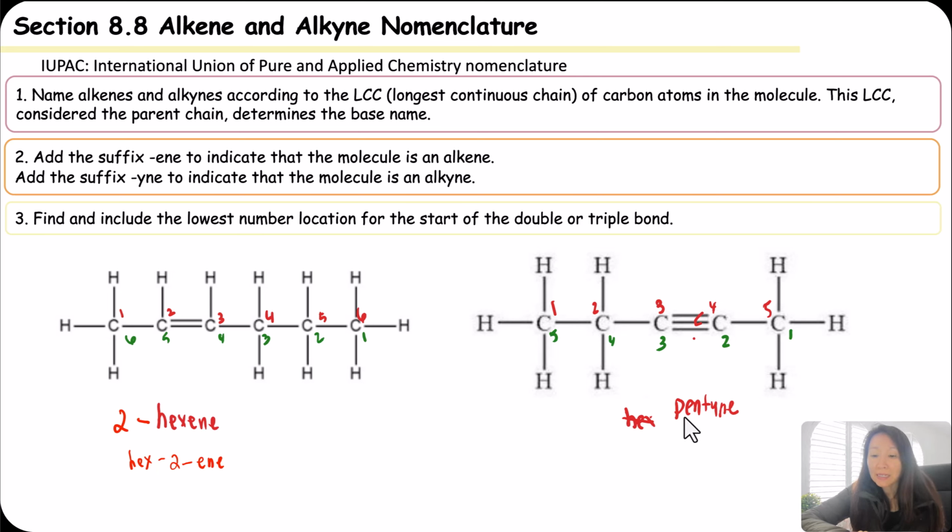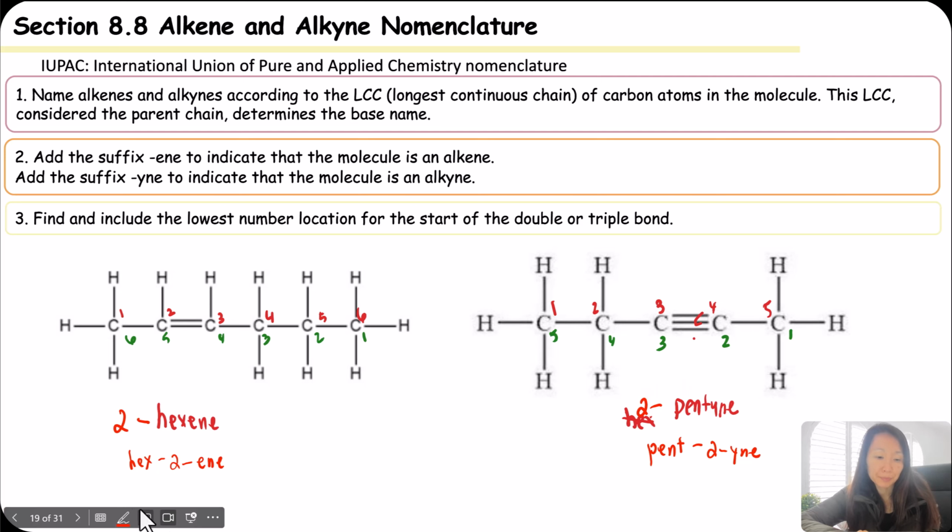So what about pentyne? For pentyne, 1, 2, 3, 4, 5 going in the right direction, and the reverse direction is this way. And the lowest number at which the triple bond starts would be this green one. 2-pentyne would be the correct answer. And again, in other textbooks, you might see pent-2-yne. And we're going to keep it as the first one, the simpler one, okay?